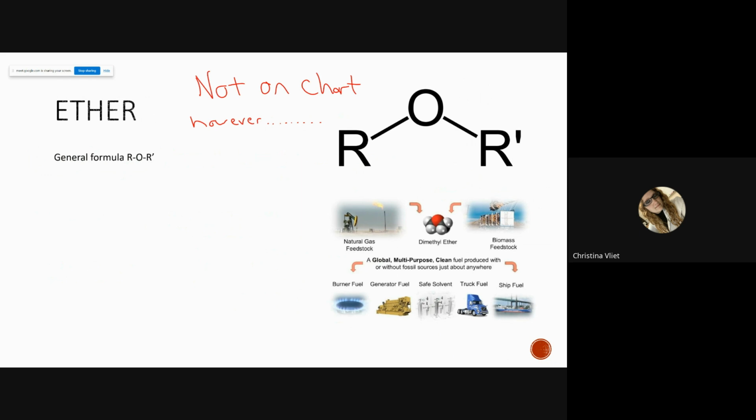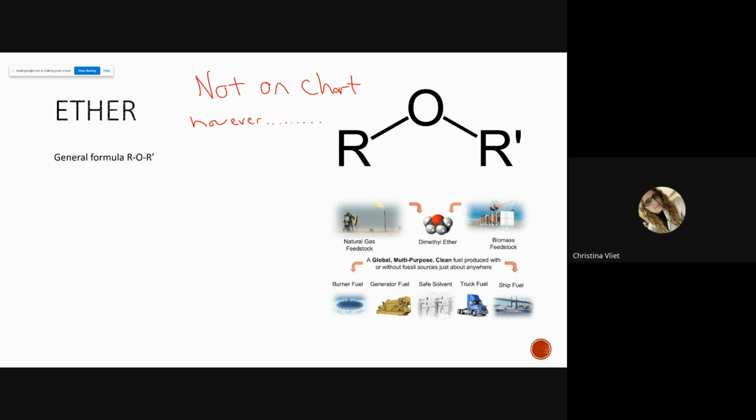Ethers aren't tested in AS or A-level chemistry. However, if you were to go on to more organic chemistry classes, you would absolutely see ethers.